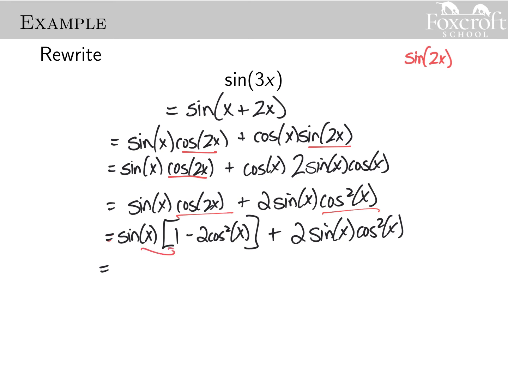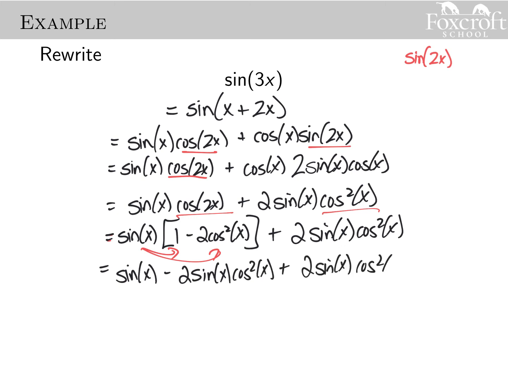Now what we can do is distribute this sine in. And this is where I realized I made a mistake because I used the wrong identity. Because it's not 1 minus 2 cosine squared, it's 2 cosine squared minus 1.